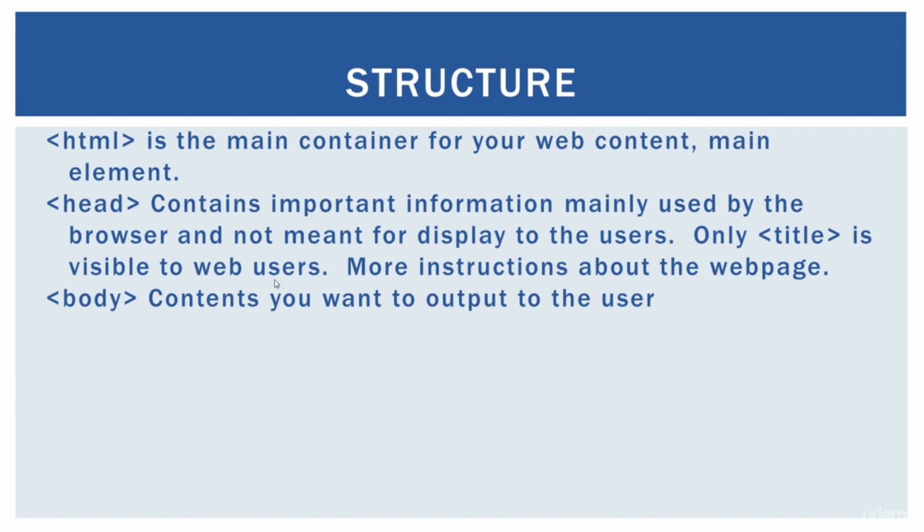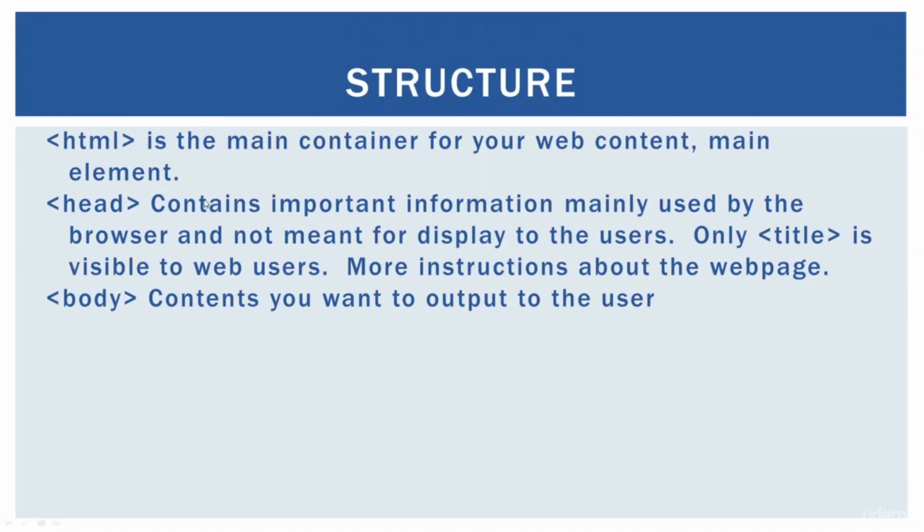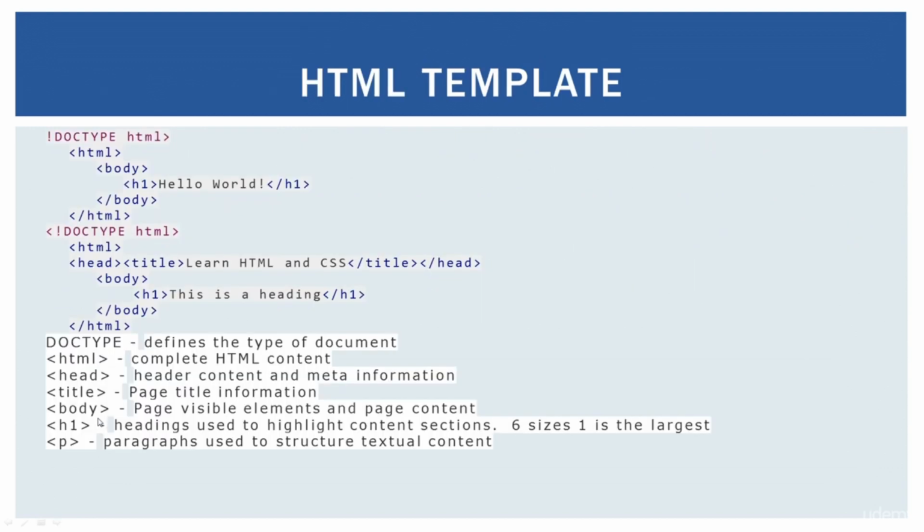So any important information, and we saw that we included things like the meta for the character set within that head section. And we also included the title of the web page. And body is where all of the contents you want to output to your web user gets rendered out.